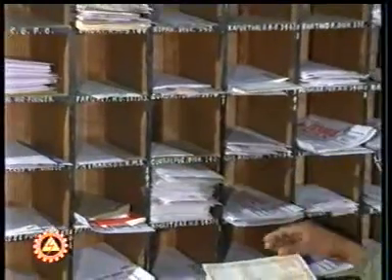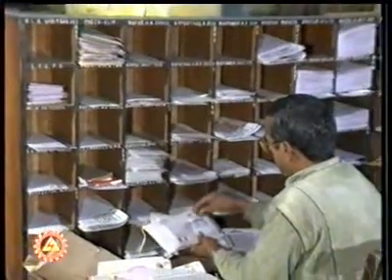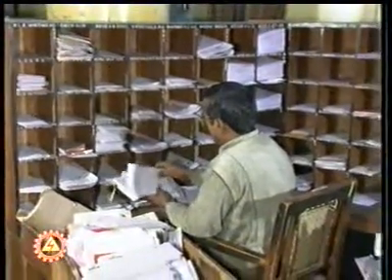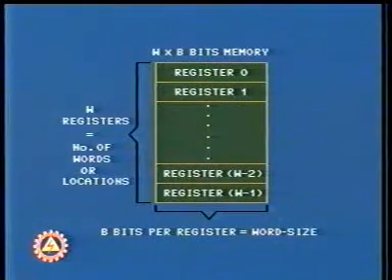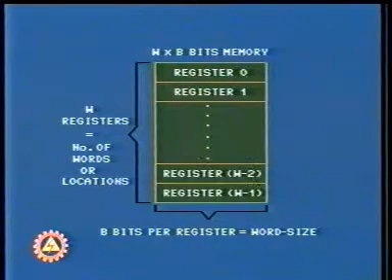Now you must know what is addressing. The address of a memory is used to distinguish one location from the other location uniquely. This is just as you have seen in the case of a pigeonhole in a post office. Numbering of registers or memory location starts from 0 and continues as high as needed.